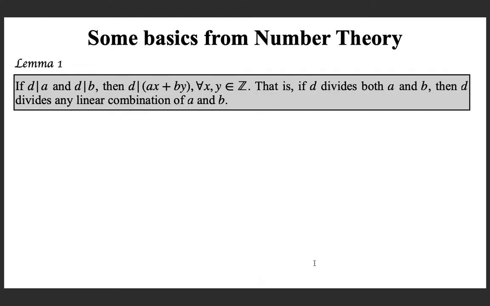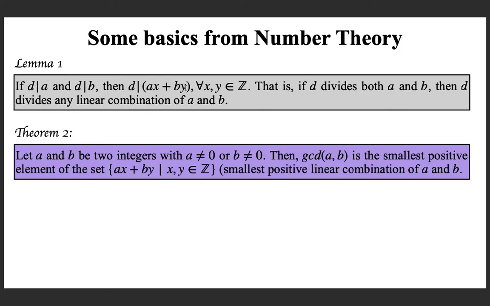Let us recall the basics from number theory that we used for proving the GCD recursion theorem, which is the theoretic background for Euclid's algorithm. In lemma 1, we proved that if D is a common divisor of A and B, then D divides any linear combination of A and B. Linear combination means A multiplied by an integer plus B multiplied by an integer.